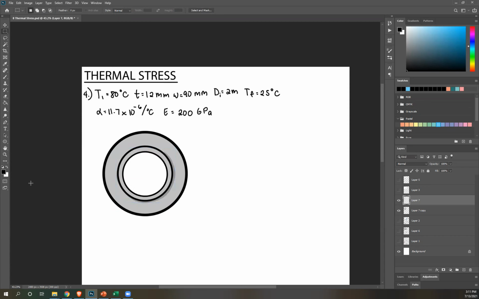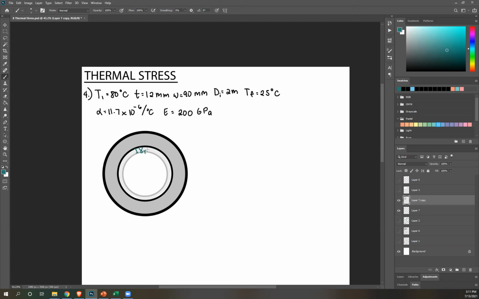Okay? And so it could shrink this way, right? And this would be its deformation due to temperature change.